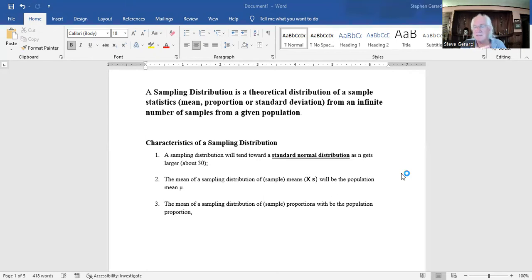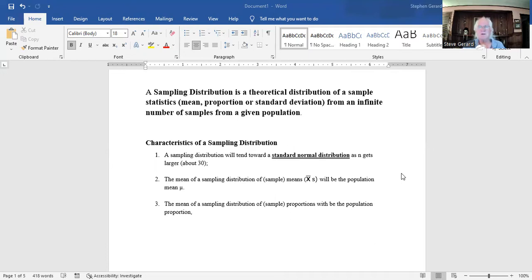And similarly, if I was doing proportions, the mean of a sampling distribution of sample proportions would be the population proportion. Let me give you an example. I do a sample of folks on gender, and assuming that we could get answers that were simple dichotomous, male or female, which is an interesting question at this point, but I'm making that assumption for simplicity's sake. I might get a sample where I would have 80% females and 20% males.